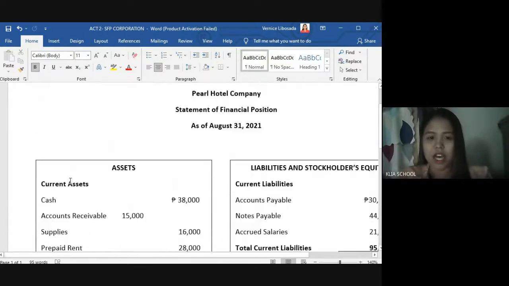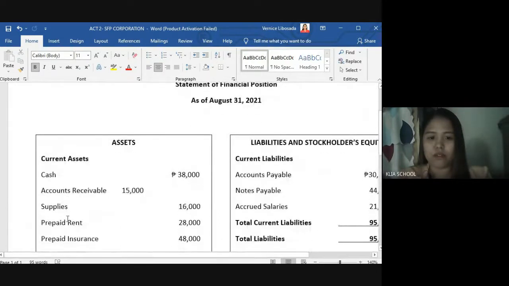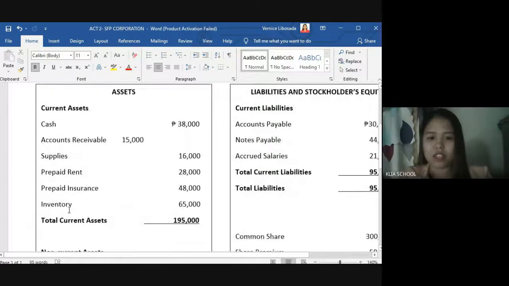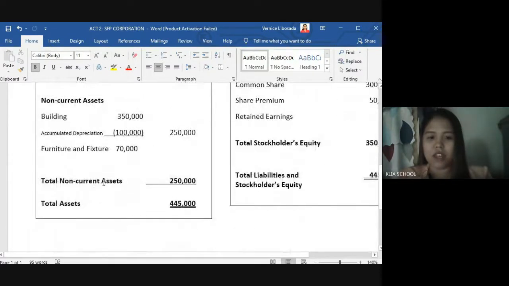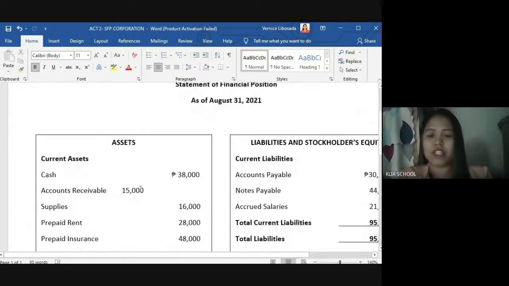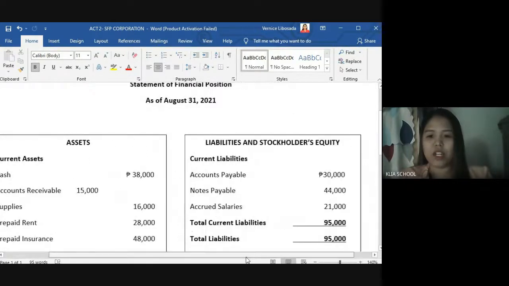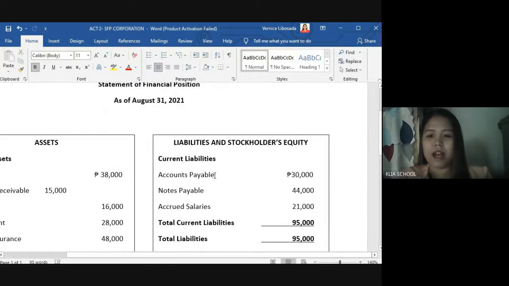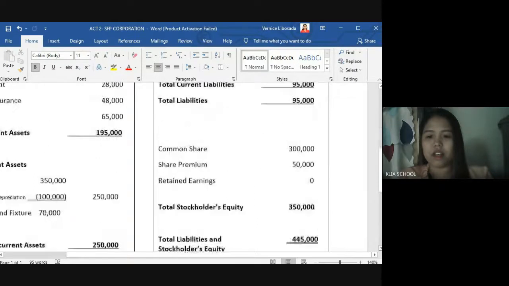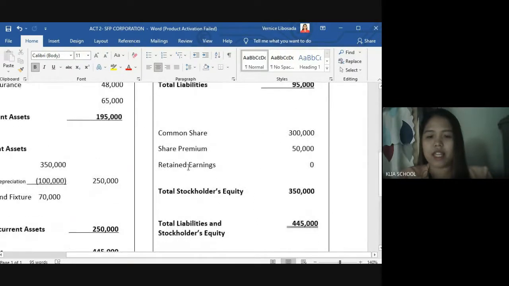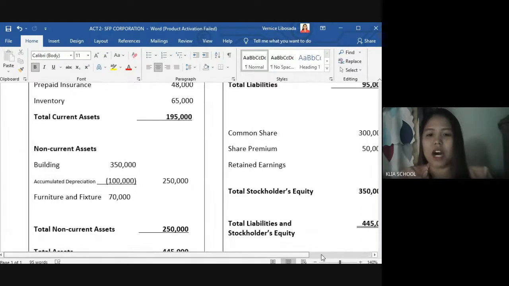From the asset, 1, 2, 3, 4, 5, 6, 7, 8, 9, 10, 11, 12. 12 points sa assets. The total sa liabilities and stockholders naman, 1, 2, 3, 4, 5, 6, 7, 8, 9, 10, 11. Okay? 23 plus 1, 24.